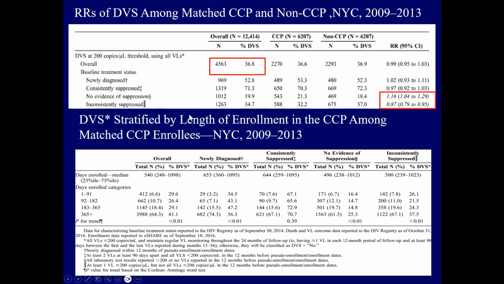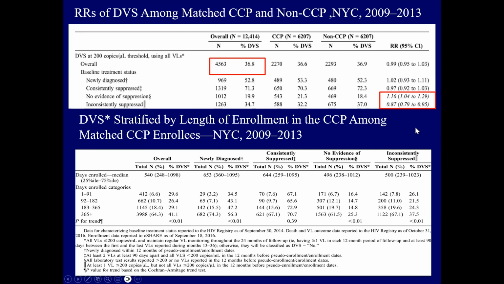The highest suppression happened among the consistently suppressed group at baseline, and the second highest among the newly diagnosed people. The lowest happened among those with no evidence of suppression at baseline at all.